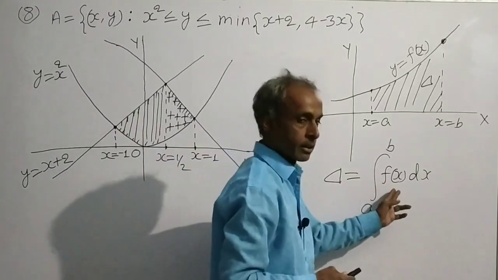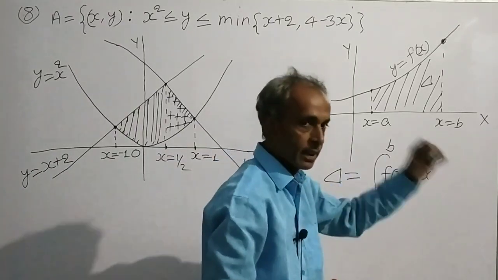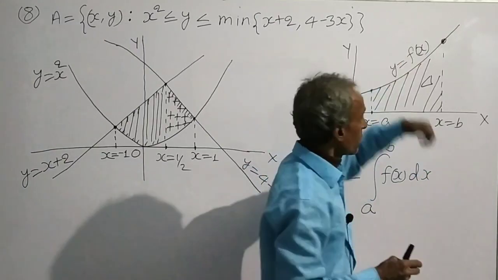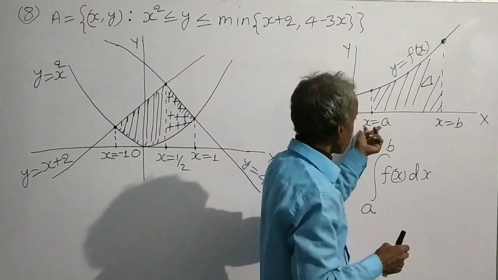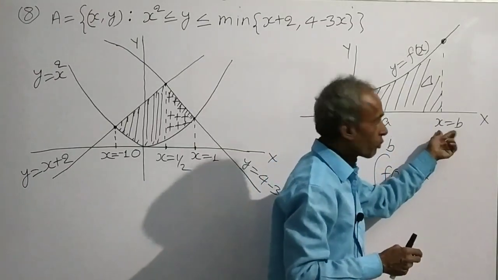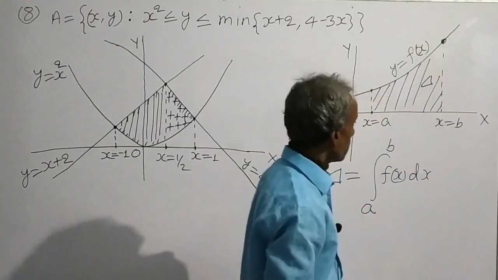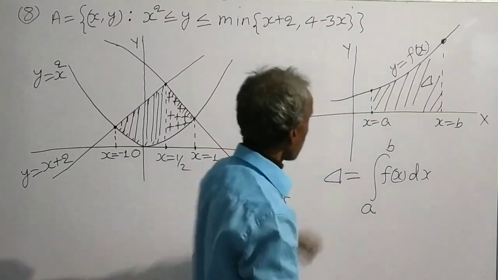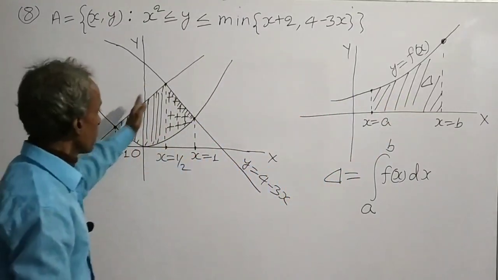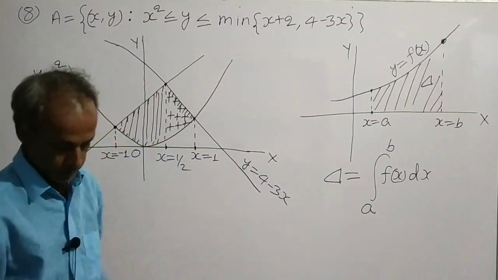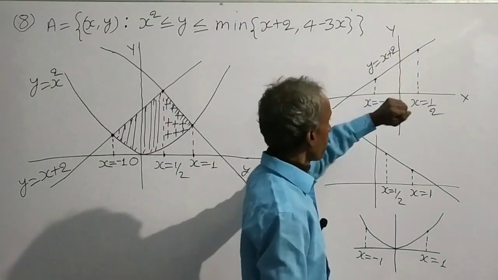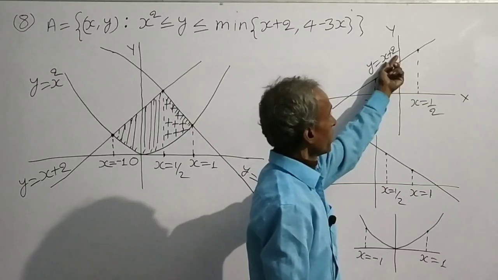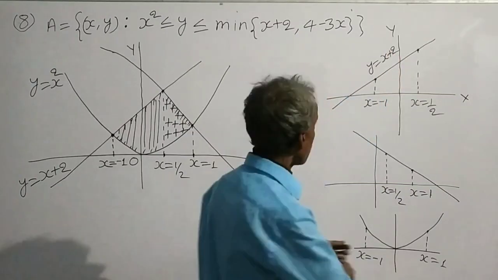This is the formula to find the area bounded by the curve, the x-axis and the two lines x = a, x = b. We will use this formula to find the area of this region. Comparing with y = f(x), x + 2 is in place of f(x).